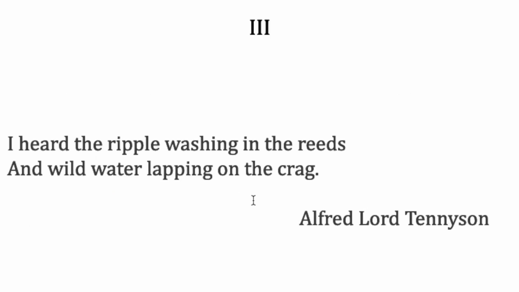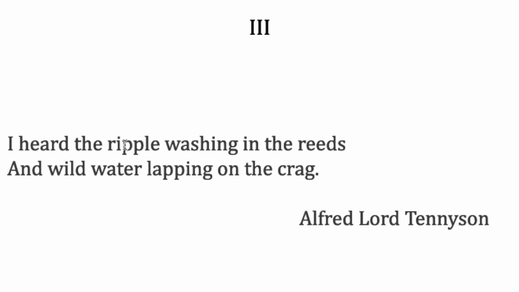Let's quickly relate it to a piece of literature by Alfred Lord Tennyson, a very famous poet of the Victorian era. "I heard the ripple washing in the reeds and wild water lapping on the crag."